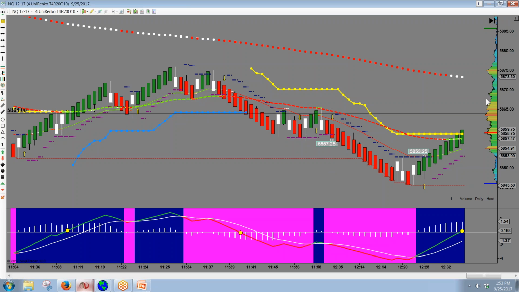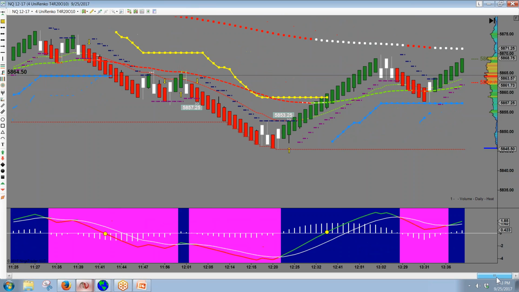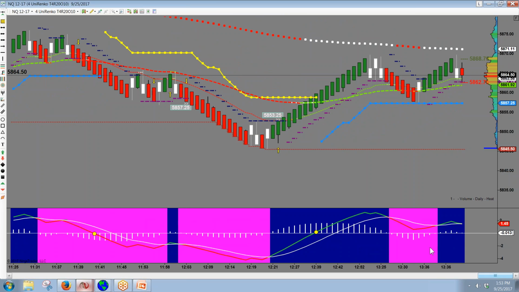Here, short entry here. Moving averages agree, you're under them. And this will disappear, but the way that Gordon has the indicator set up is that it will put the entry prices on your chart, but it won't stay there. So I think it will show for like 2 or 3 entries and then it will disappear.